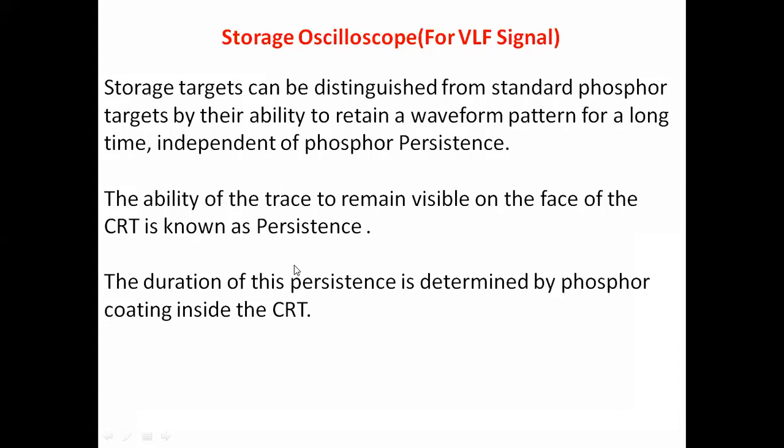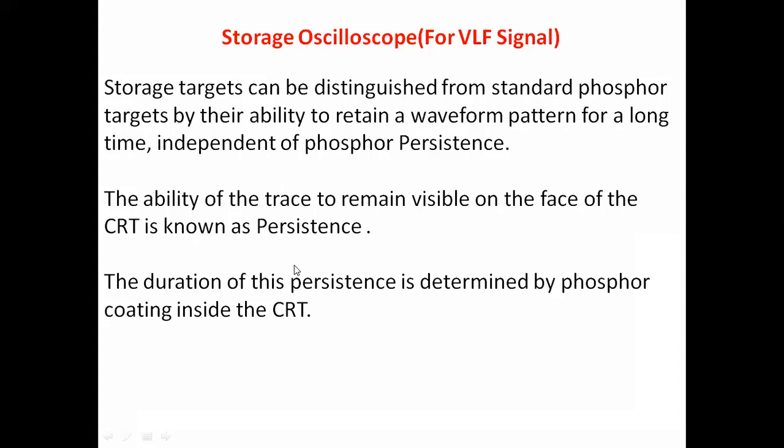The electrons travel through the deflection plates and bombard the phosphor material coated on the inside of the CRT screen. At the point of striking, there is an illumination of light. After a certain period of time, within seconds or a few seconds, that illumination disappears.